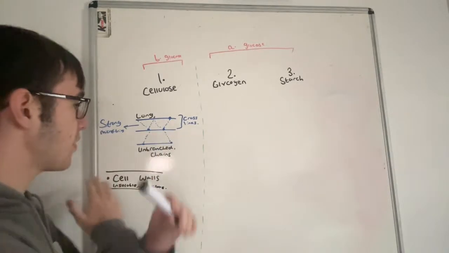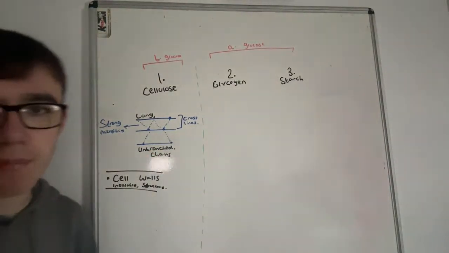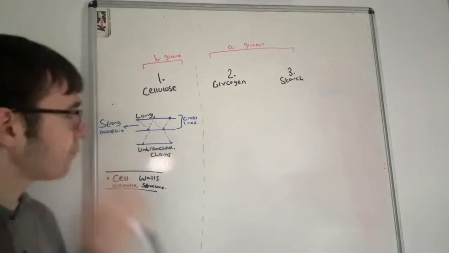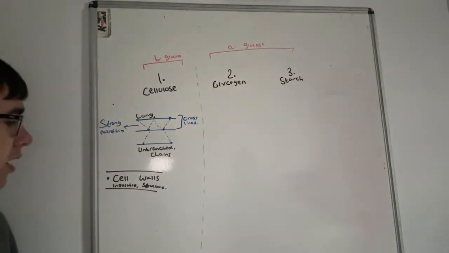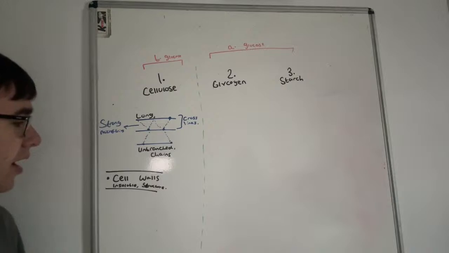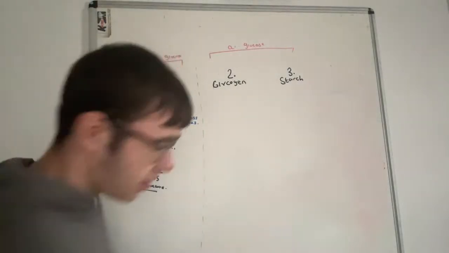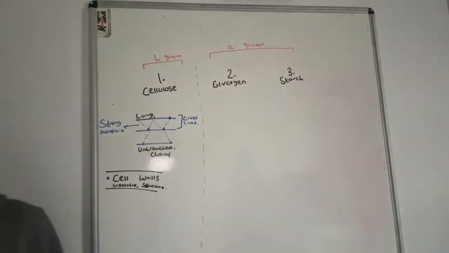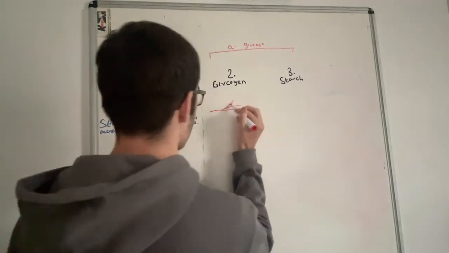That's why all of these chains are cross-linked, because it provides some strong support, okay? So that's cellulose. Used in cell walls for plants, it's insoluble and it provides structural support and rigidity. Next, we'll go on to glycogen. The idea you need to think for this one is long branched chains.